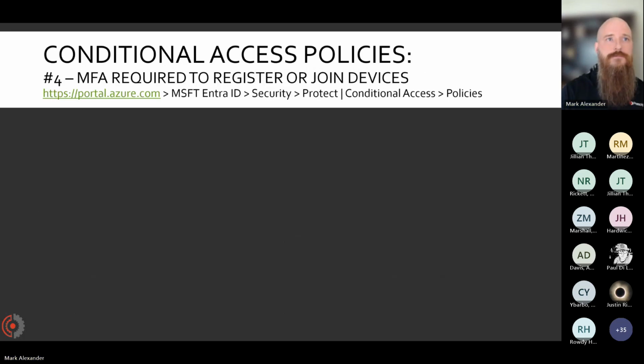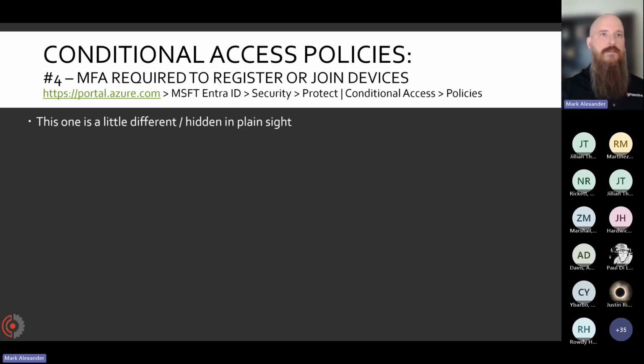Okay. And then, as I promised before in the previous one, right? So we talked about that one switch where you could MFA protect device joins and registrations if you're on security defaults. Well, I didn't forget number 4 here, right? To show you how to configure a conditional access policy to derive that.